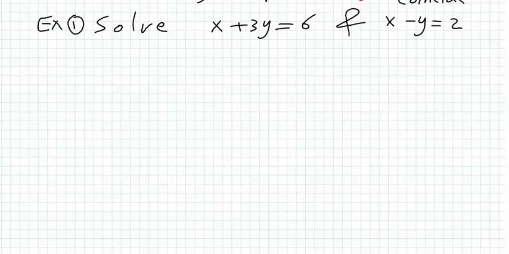How to find that? We have different methods. In this lesson, we will learn how to find this point by drawing the two lines and then trying to discover the point of intersection.